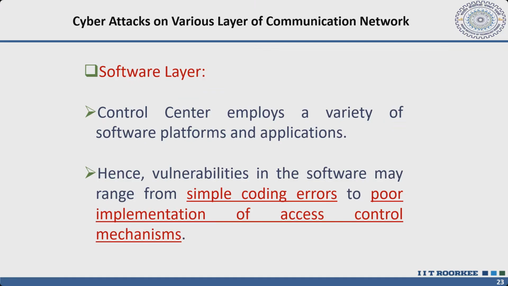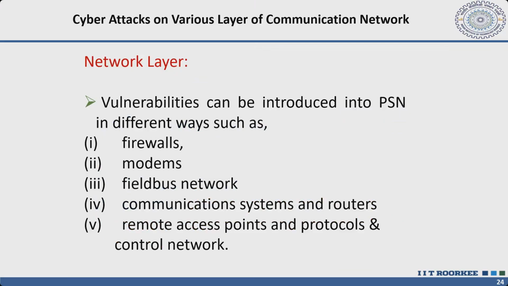There is not much to be done on the software part. If someone does some hacking of the software, one can easily remove it and reinstall it. There is no issue. But the major issue comes where all your data which is processed from software to the hardware layer comes to the network layer. So the main problem starts from our network layer.